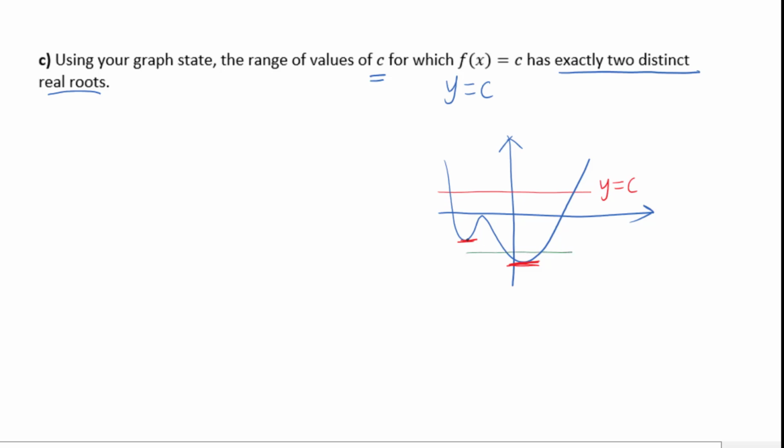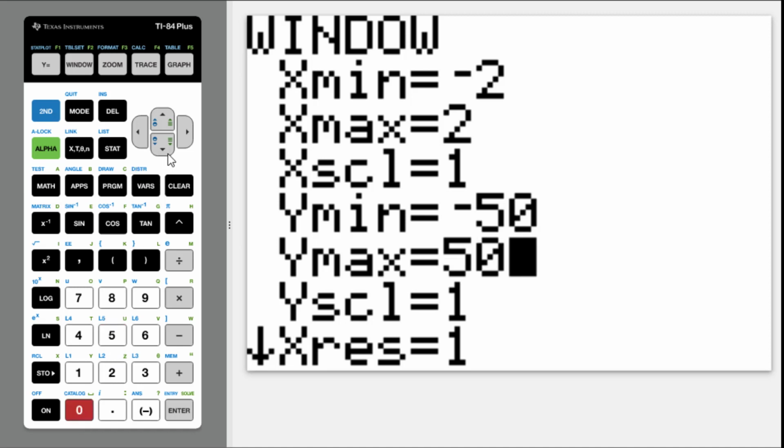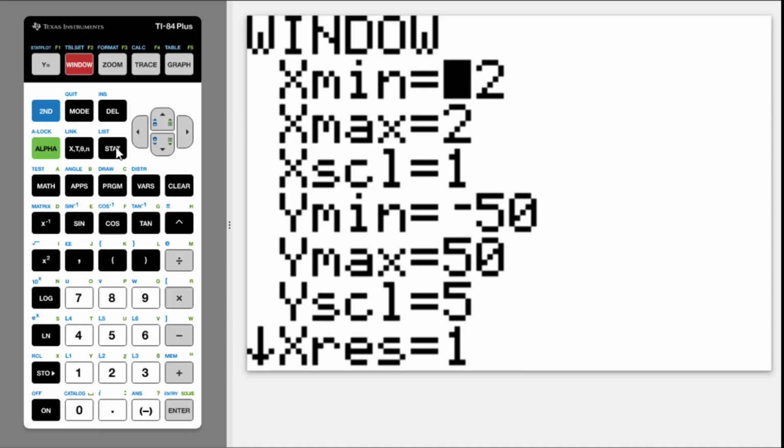So we need to figure out this local minimum point and this local minimum point from the graphing calculator. Change the window. For y minimum value, let's change it to negative 50, 50, scale is 5. Graph. 50 is too big, so let's change the window again. Let's do negative 10, 10, 1.